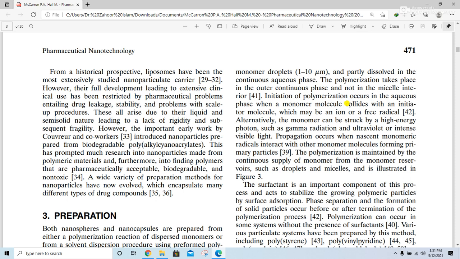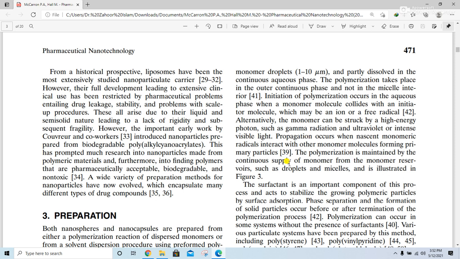Initiation of polymerization occurs in the aqueous phase when a monomer molecule collides with an initiator molecule, which may be an anion or free radical. Alternatively, the monomers can be struck by a high energy photon, such as gamma radiation, ultraviolet, or intense visible light. Propagation occurs when the nascent monomeric radical interacts with other monomer molecules, forming primary particles.